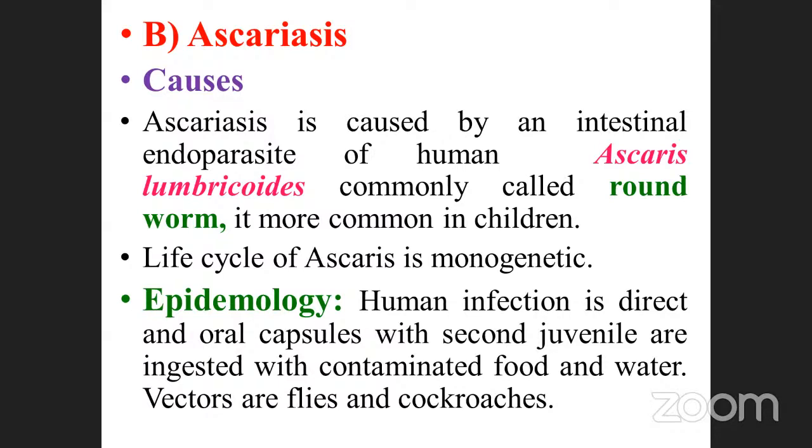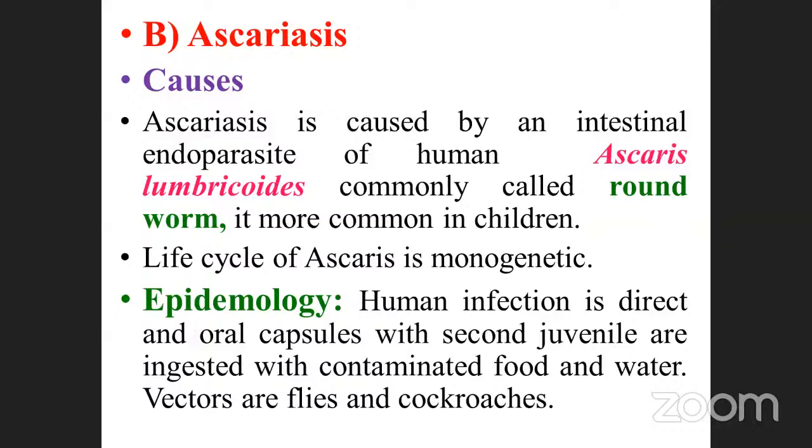Ascariasis is caused by an intestinal endoparasite of human beings. An endoparasite lives within the human body, particularly the intestine. That's why it is an intestinal endoparasite of humans. Example, Ascaris lumbricoides. The causative organism of ascariasis is Ascaris lumbricoides, commonly called roundworm. It is more common in children. Okay, this is the first thing, the causative organism.